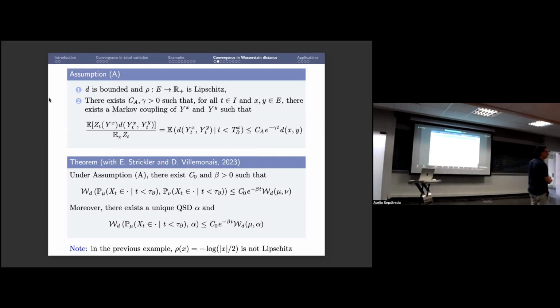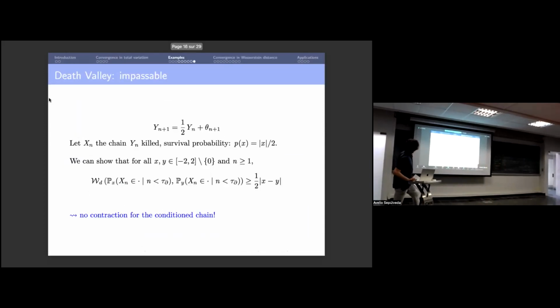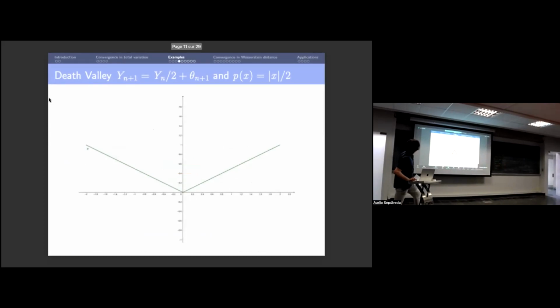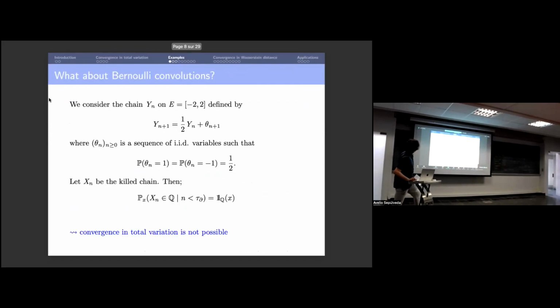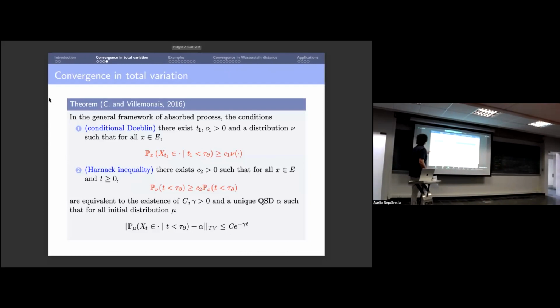Yeah, it is. So actually, we could have expected to have less. So okay, first of all, it's not strong because it may remind you. So let me come back a few slides before. If you remind of this condition here, this is really similar to this one, to the conditional Doeblin.